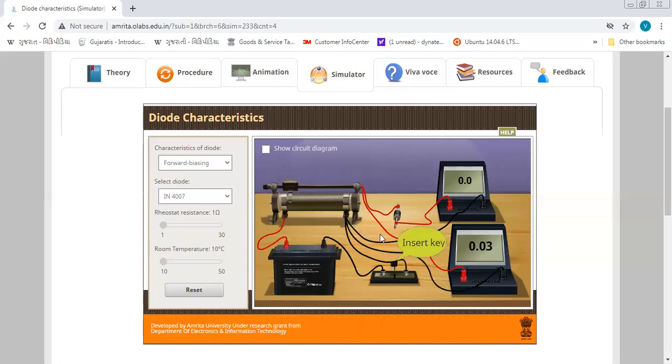Now a pop-up box is viewing, which is telling to insert the key. So simply drag and drop near the point where you need to tap on it. So it will insert.